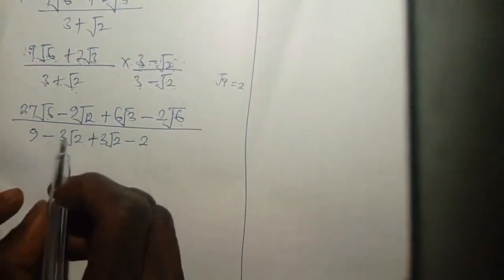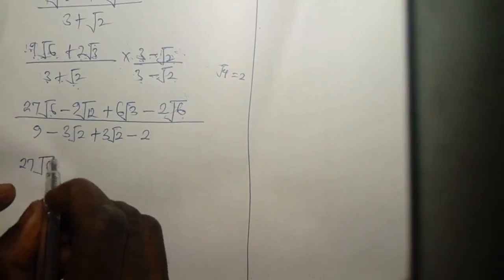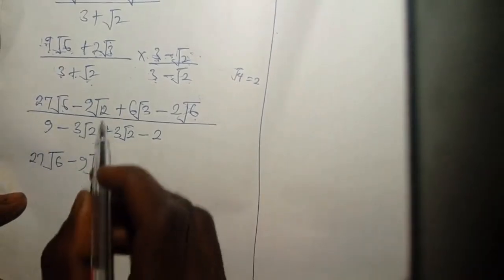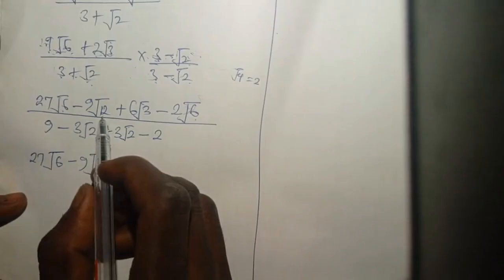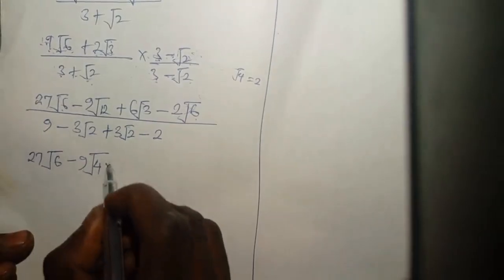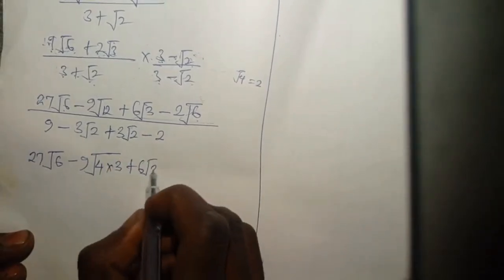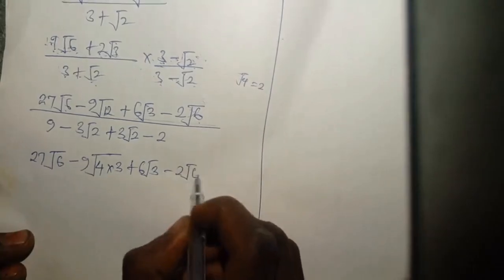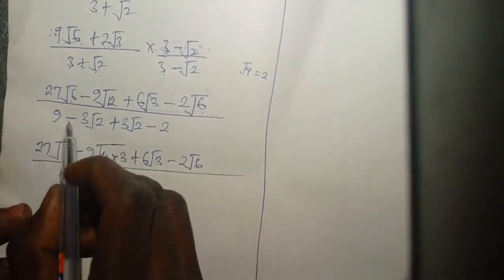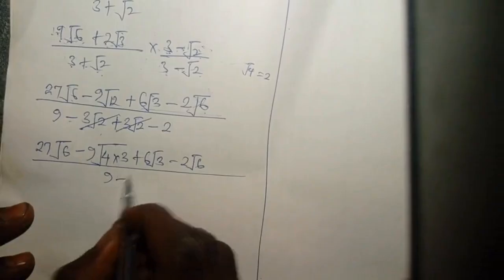Then here, 27 root 6 and minus 9 root 12. We can simplify this root 12 as 4 times 3. Then plus, we write everything here, 6 root 3 minus 2 root 6. And all over, minus 3 root 2 plus 3 root 2 is 0, they cancel each other. Then 9 minus 2.